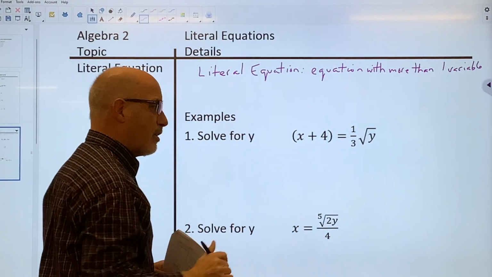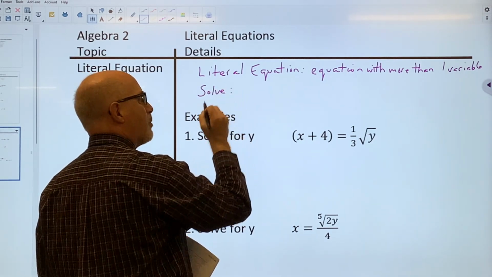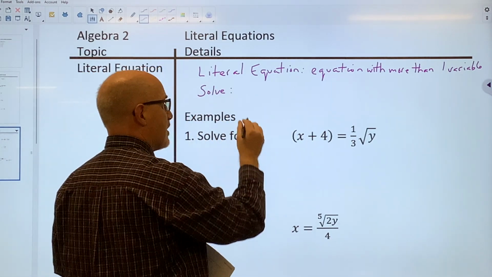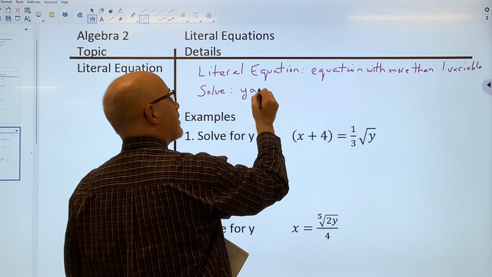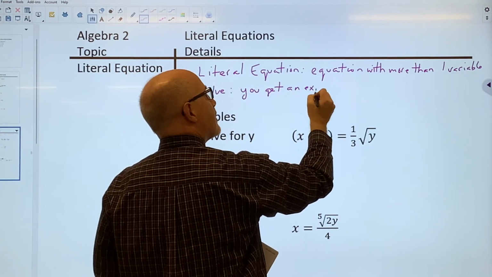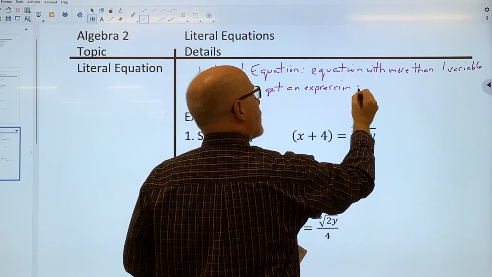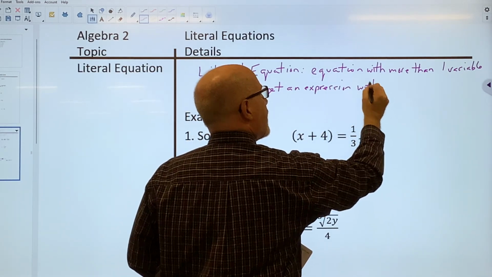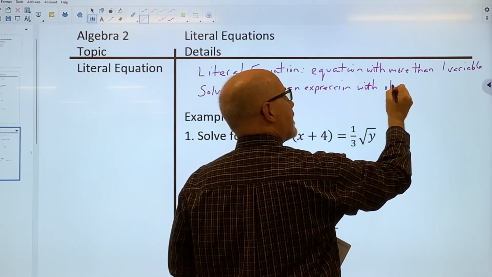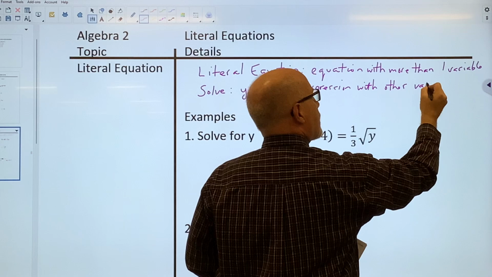Now, when we solve for a variable, you get an expression with the other variable in the expression.